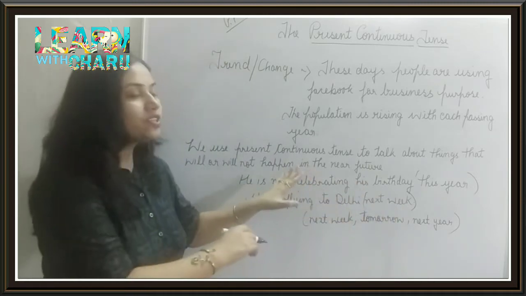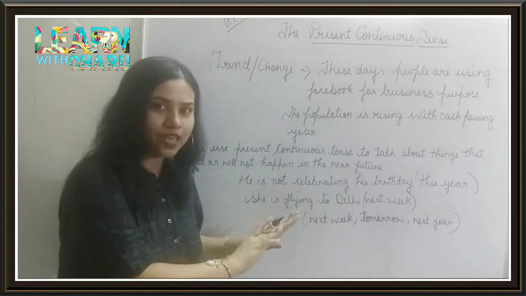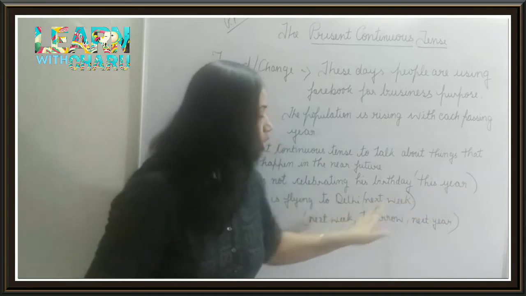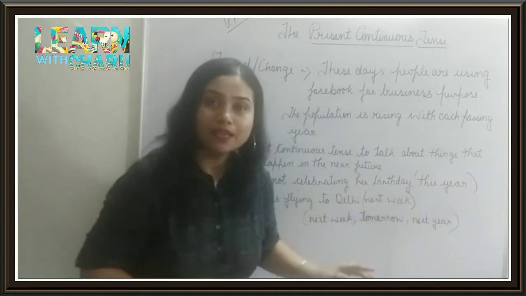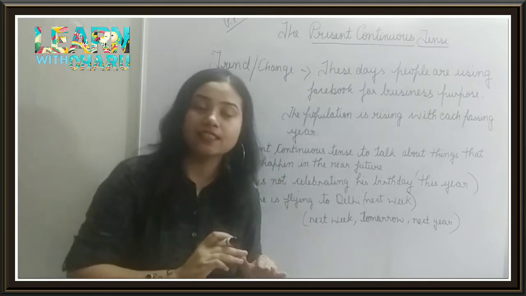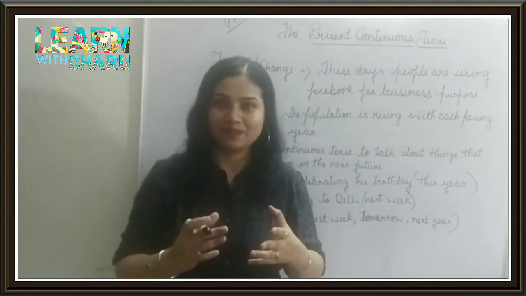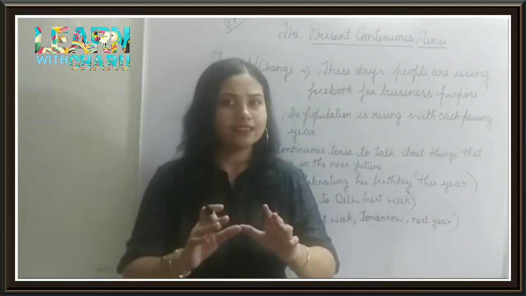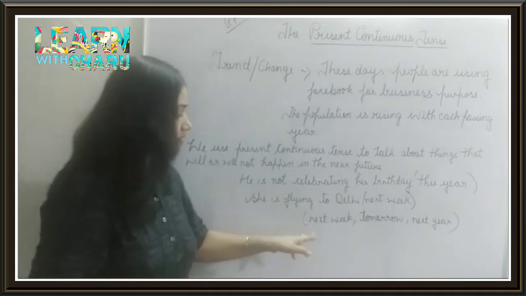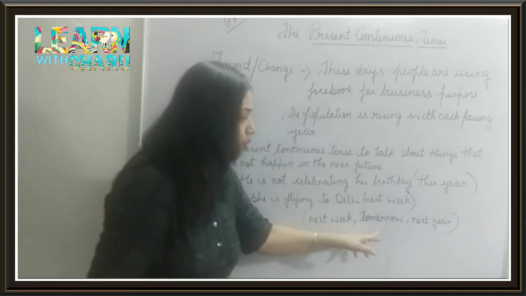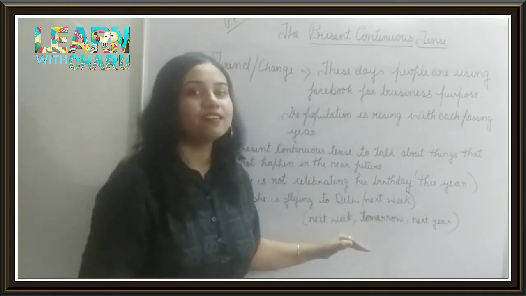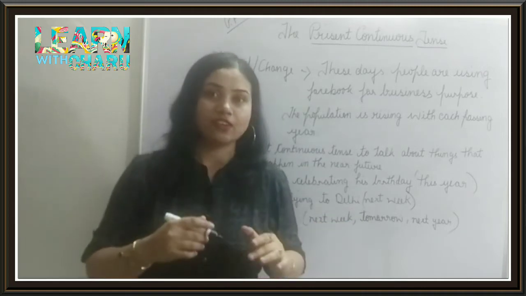It means the action is happening right now. Okay, but if I add this year or next week, it means that both these sentences are indicating future tense. So my dear students, I think you have understood that if we use next week, tomorrow, next year or this year, if we add these words here, then only we can indicate future.